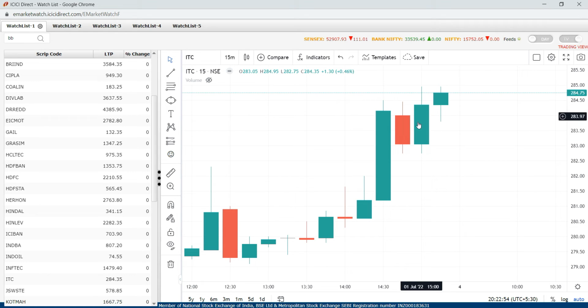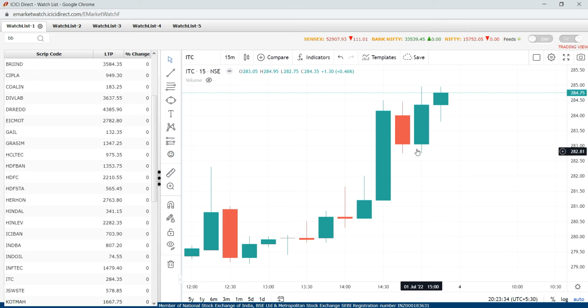Let's take this particular candle as an example. The open of this candle was 283.05, and it made a high of 284.95 and a low of 282.75, and the closing was 284.35. Whenever it's a green candle, you will always have to look at the open and the close. The opening was 283.05 and the close was 284.35. Whenever the close of the candle is higher than the open, it is going to be a green candle.